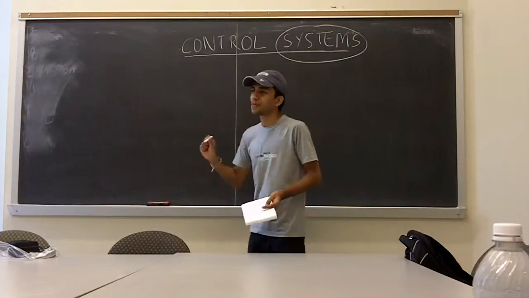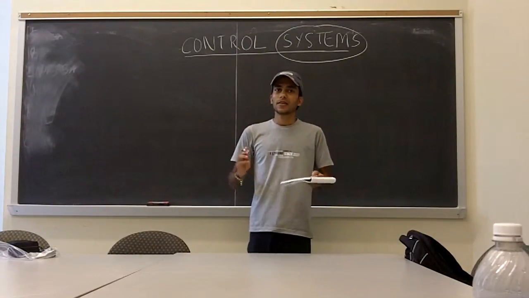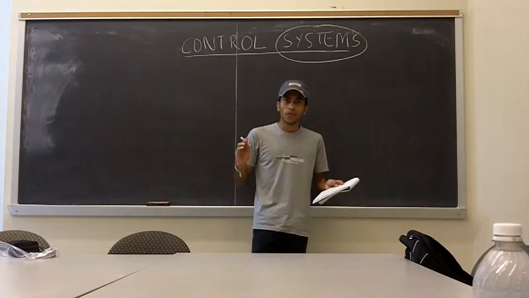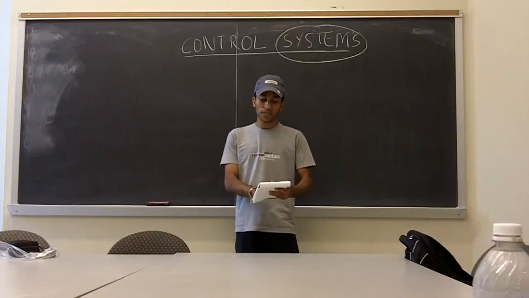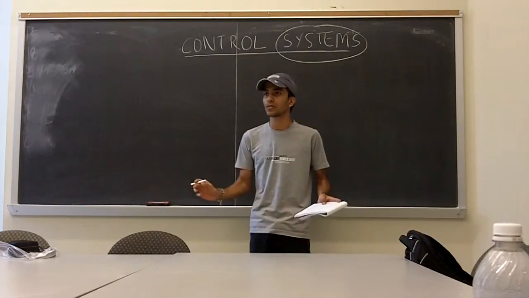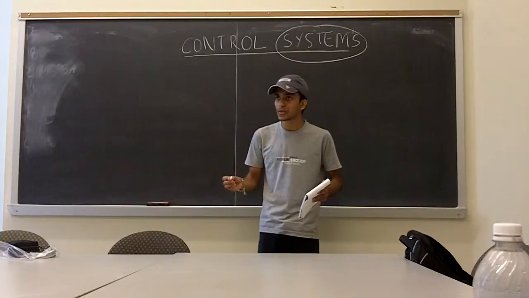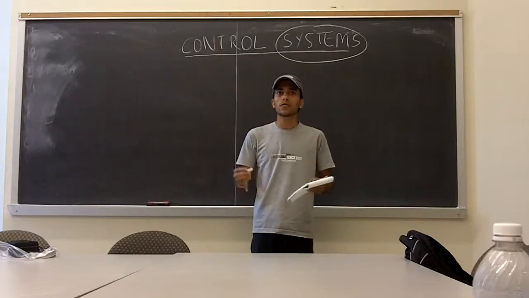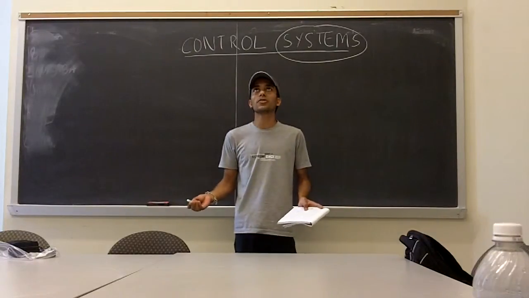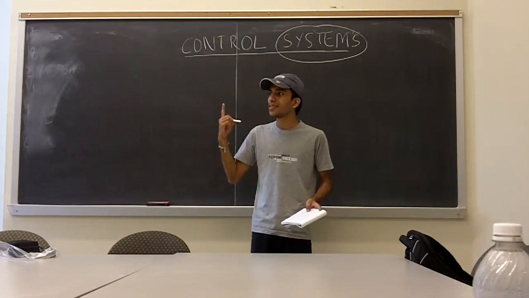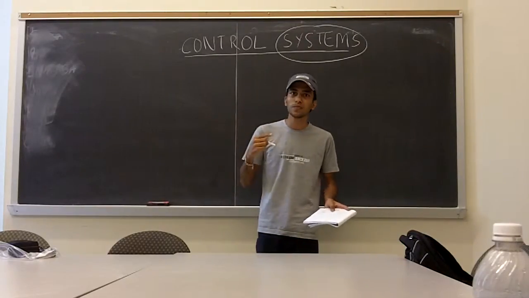And let me explain. A control system is basically an interconnection of various components forming a system configuration that will provide a desired system response. So components of system configuration, that means if I am talking in terms of room temperature, then the component of system configuration is the air conditioner, which is regulating the temperature of this room.